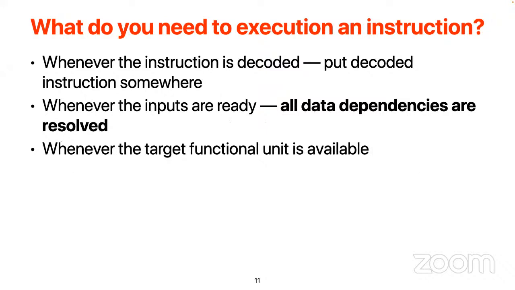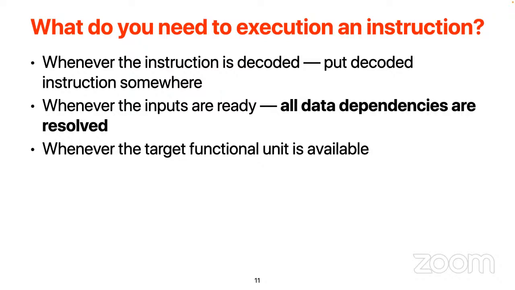In fact, if we forget about the order of your instructions, what do you actually need for an instruction to execute? Three criteria. First, whenever the instruction is decoded, my processor knows what the instruction really wants the processor to do.